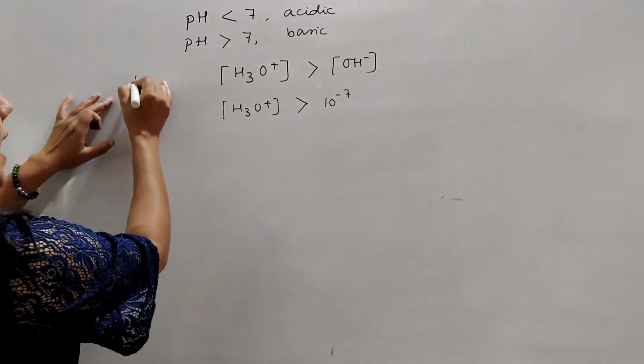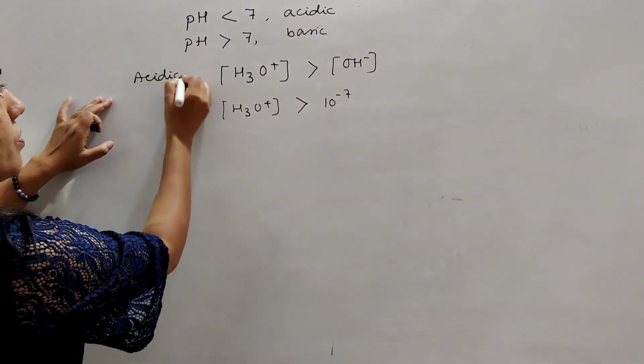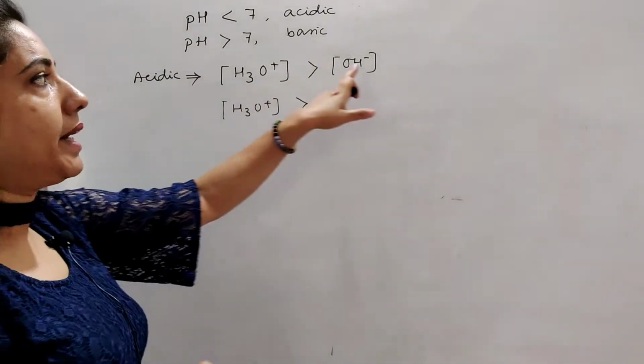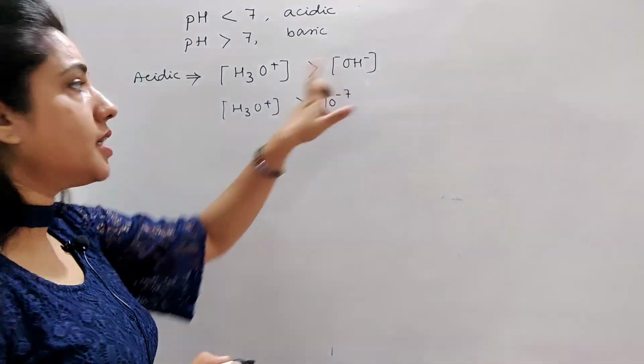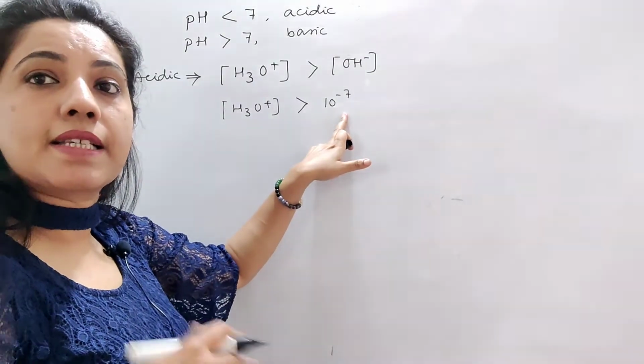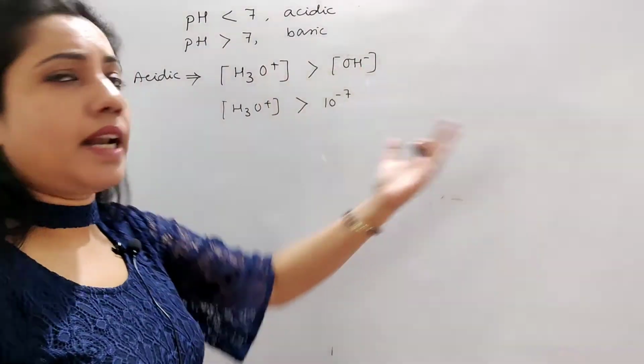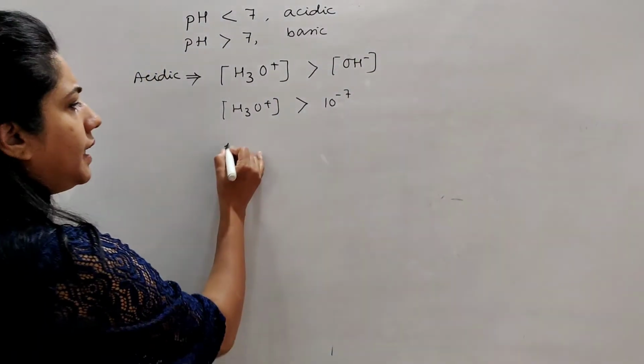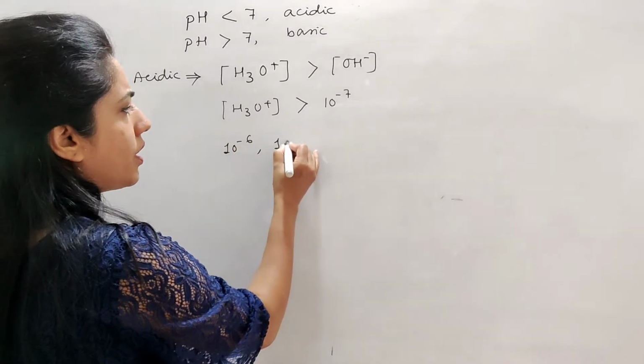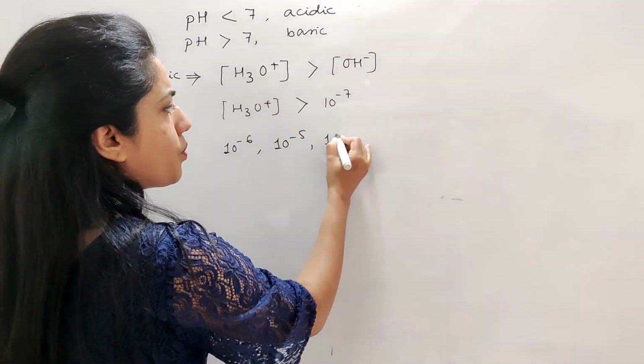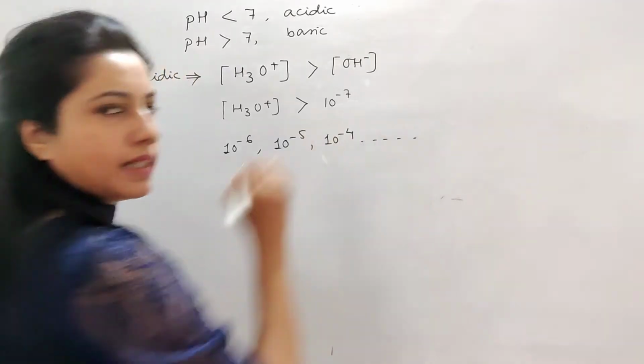When we are talking about acidic solution, concentration of H3O plus will be greater than OH minus, and hence it will be greater than 10 raised to power minus 7. So it could be anything, 10 raised to power minus 6 or 10 raised to power minus 5 or 10 raised to power minus 4 or anything.